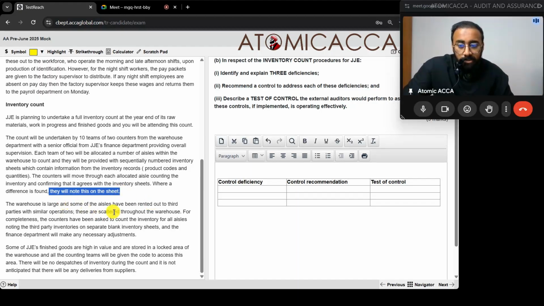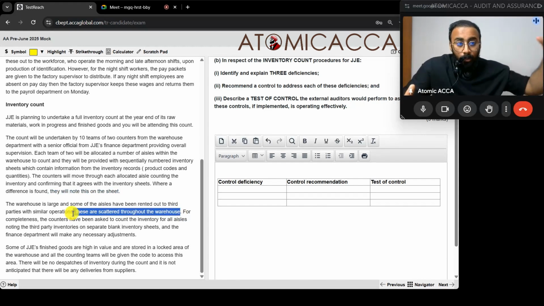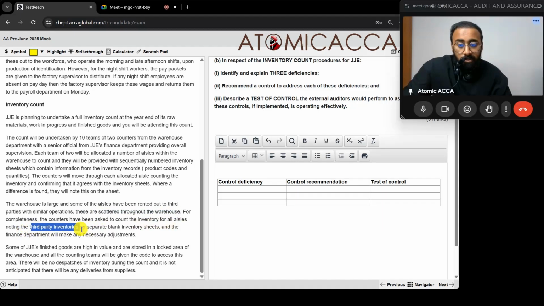The warehouse is large and some of the aisles have been rented out to third parties with similar operation. These are scattered throughout the warehouse, which means during the count of aisles, they might end up counting the third party inventory also. For completeness, counters have been asked to count the inventory for all aisles, noting the third party inventories on a separate blank inventory sheet, and the finance department will make any necessary adjustment.